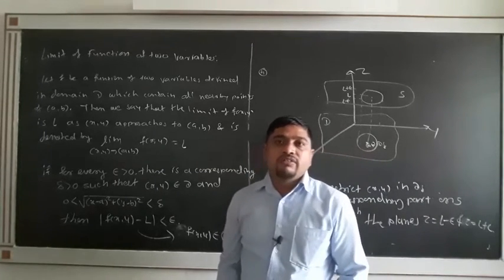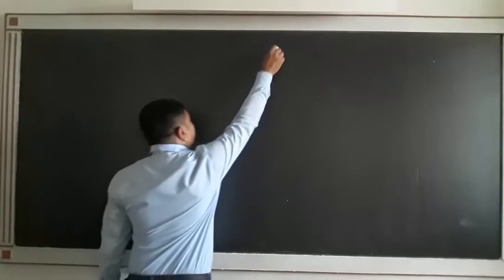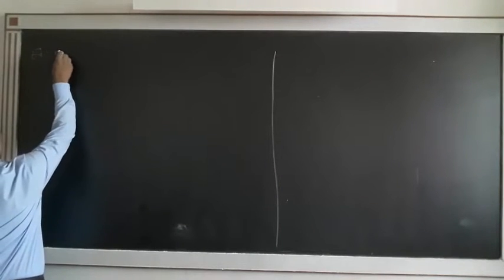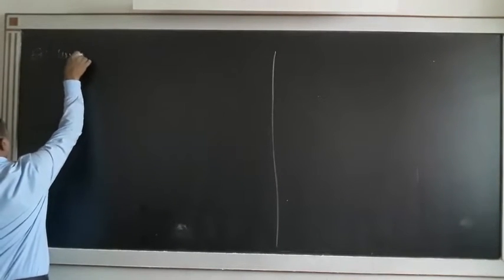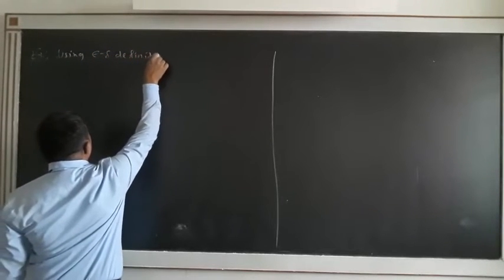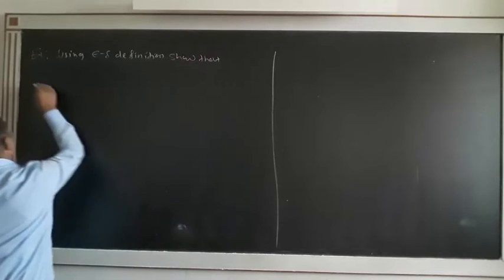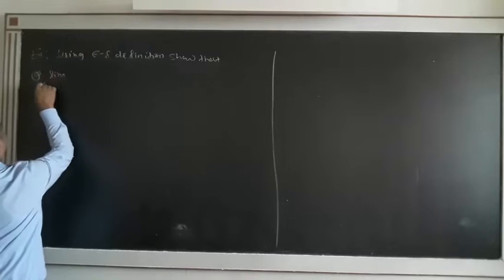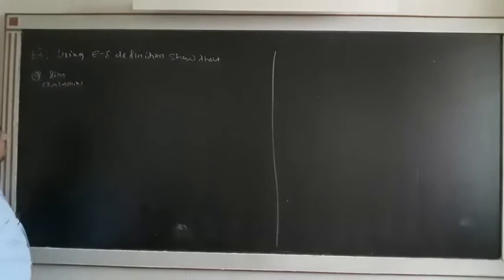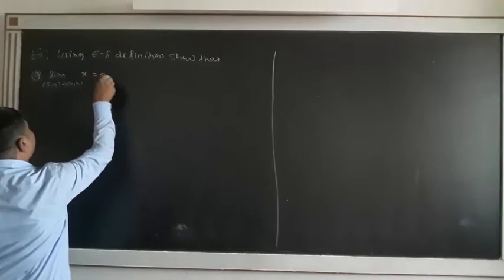We will solve some examples on this. First example: using the epsilon-delta definition, show that, first, the limit as (x, y) tends to (a, b) of x is equal to a.